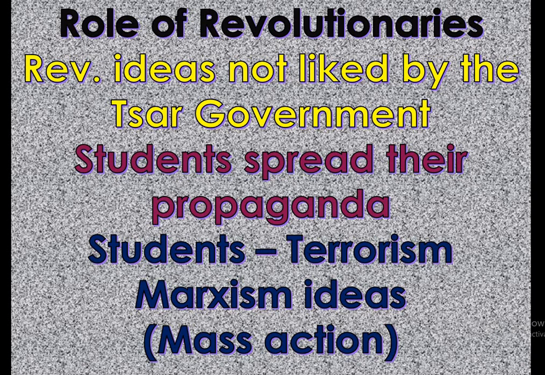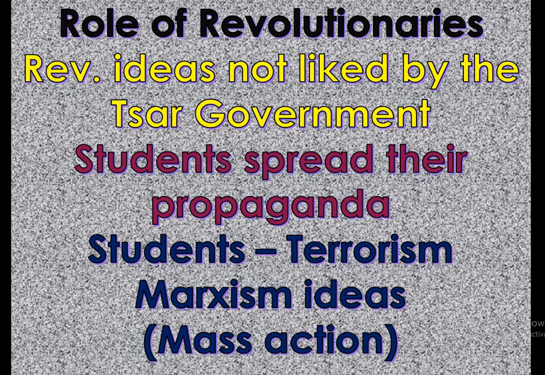In course of time, these students started to turn to terrorism. On the other hand, Marxist ideas took shape and encouraged society in mass action against the prevailing government. All these happened in the previous rule, before Tsar Nicholas II.